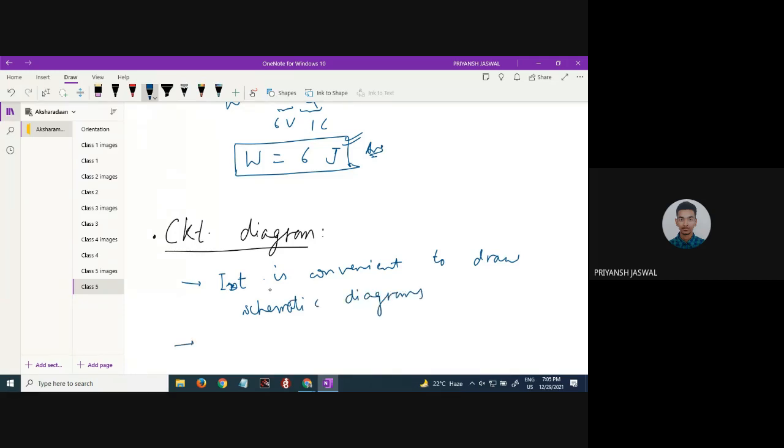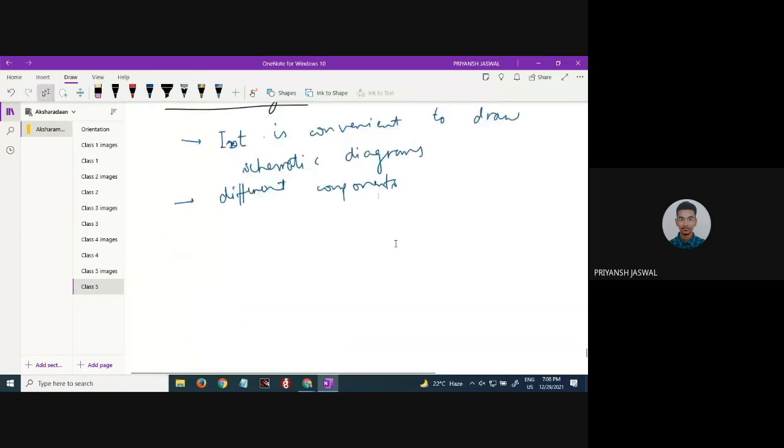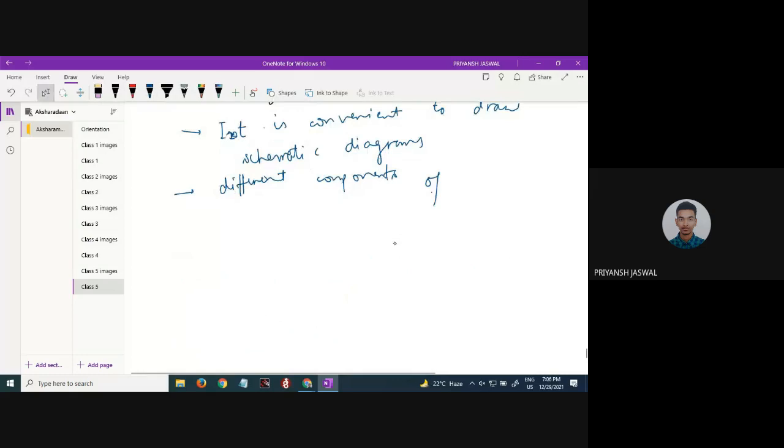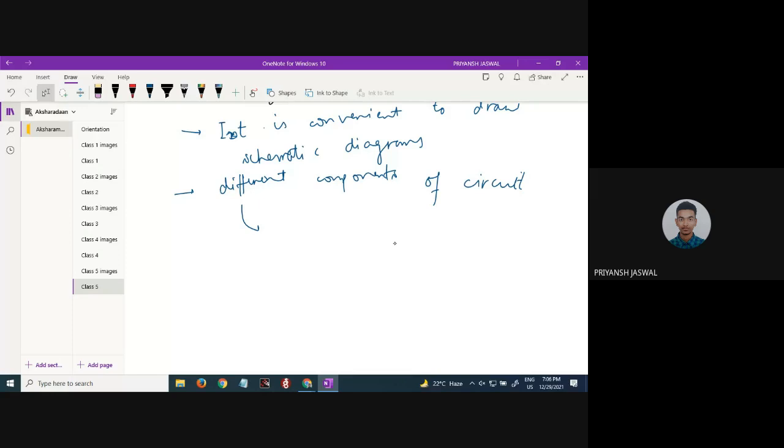In this, different components of a circuit are represented by symbols conveniently used.